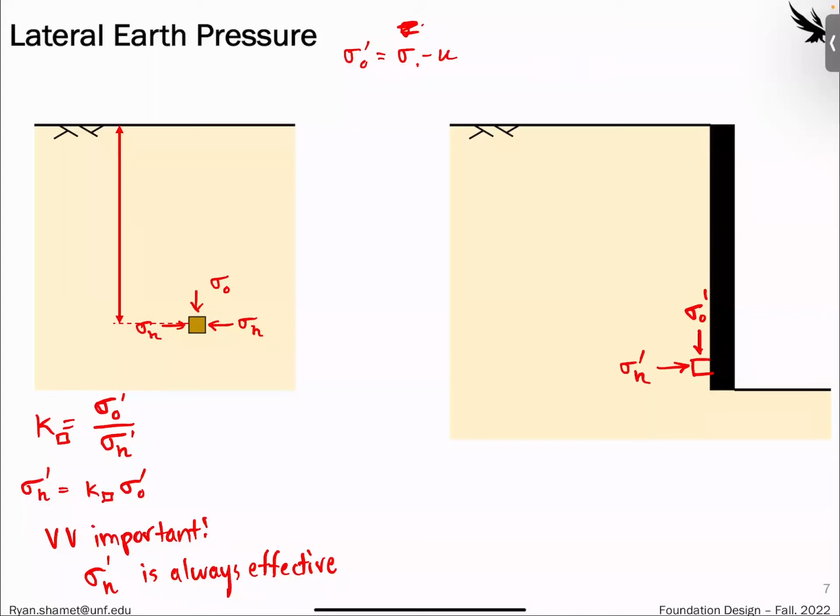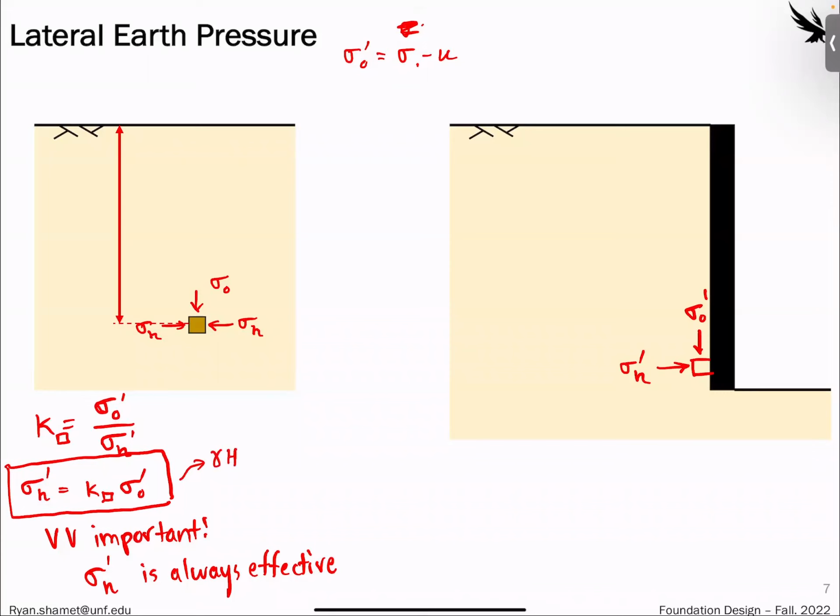The horizontal earth pressure is always effective, so it's effective stress. So we know that this sigma H is equal to K times the vertical effective stress. And we know the function for vertical effective stress, if it's dry conditions, then this is just going to be gamma of the soil times H.